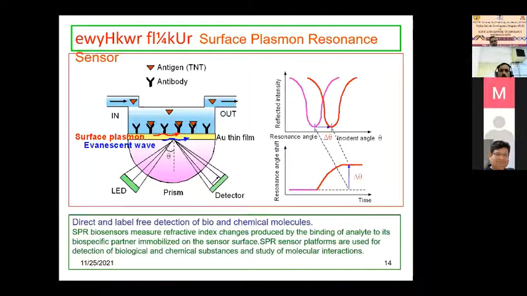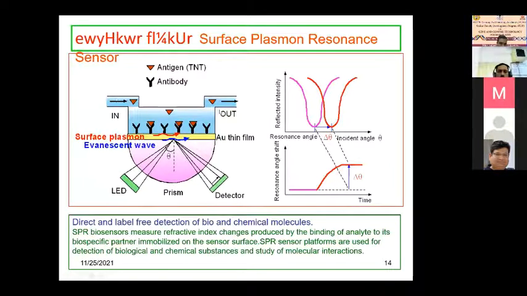So this is the mechanism of how this label-free detection occurs in surface plasmon resonance. Here, on this gold film, through the thiol group, you can attach your antibodies. This is the fluidics.